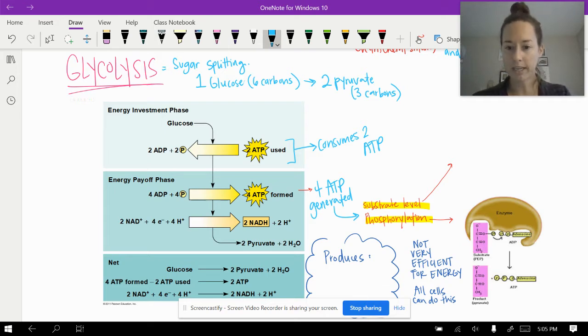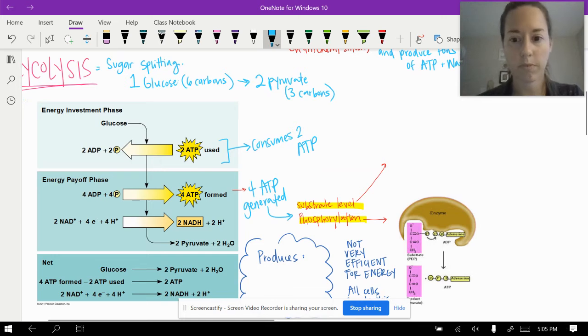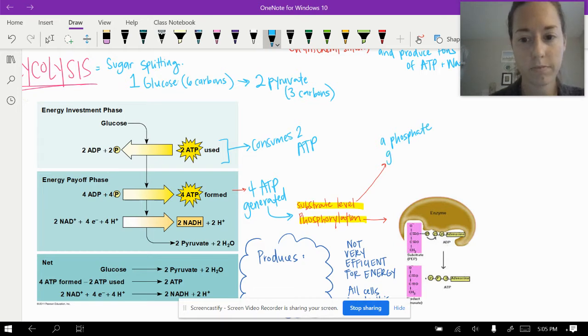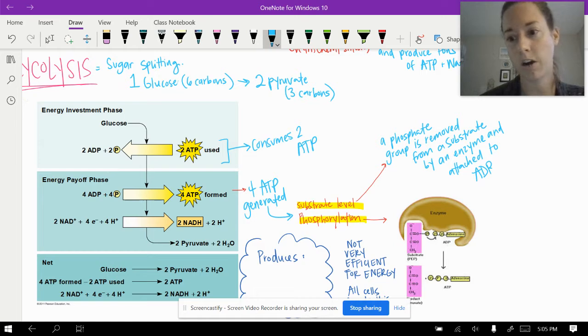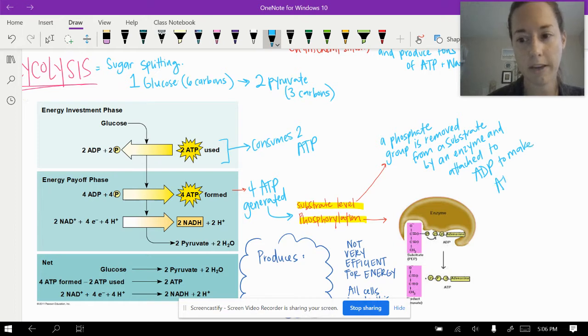And what that means is that a phosphate group is removed from substrate by an enzyme and then attached to ADP, oops, not ADR, ADP to make ATP.